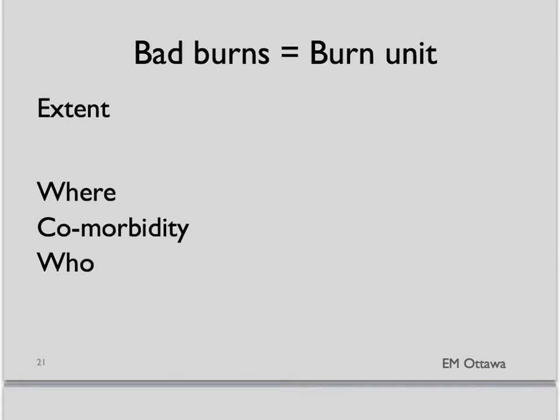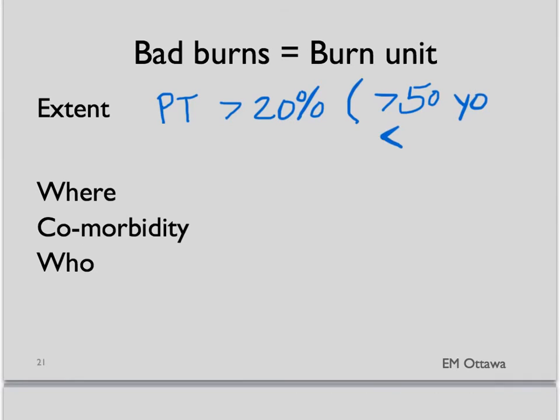Anyone who has any partial thickness burn, so a second degree and up, over 20% of their body, or if you're over the age of 50, remember the older the patient, the less well they do, or under the age of 10, and you have a partial thickness burn more than 10% of your body surface area.